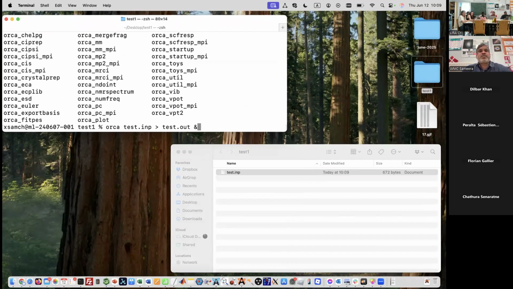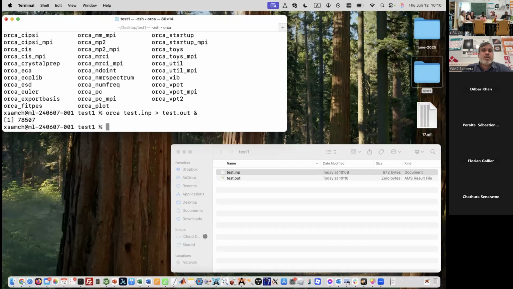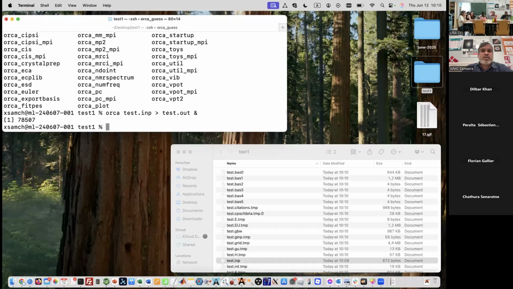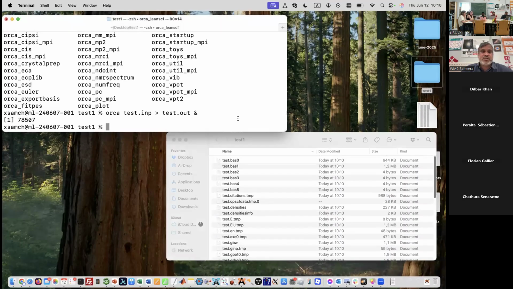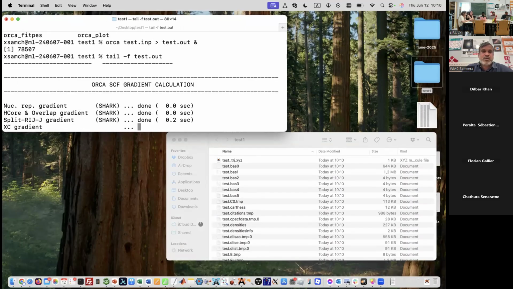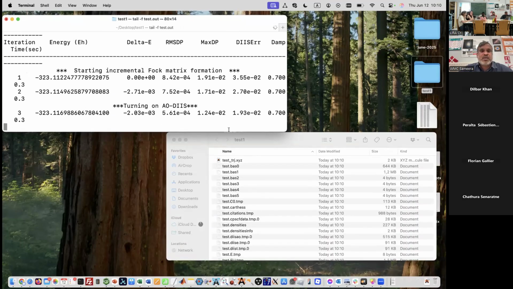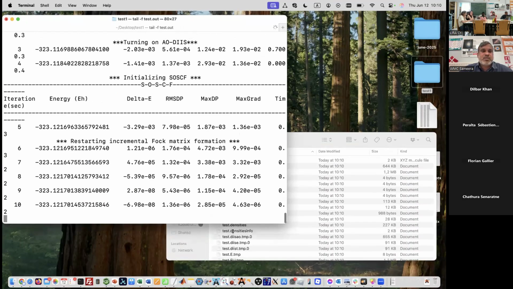Okay, and the calculation is now running, and you can see some intermediate files are formed. So it is running now.